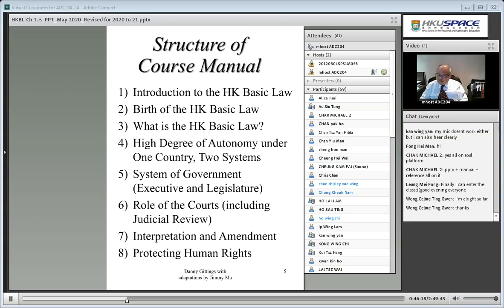Then we look at the system of government, focusing more on the relationship between the executive and the legislature, and we will deal with the judiciary as an independent chapter, focusing on the role of the courts, including judicial review. Then something quite unique compared to many other legal systems: interpretation of the Basic Law.